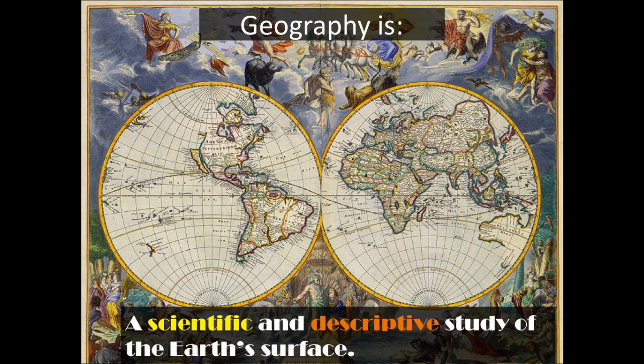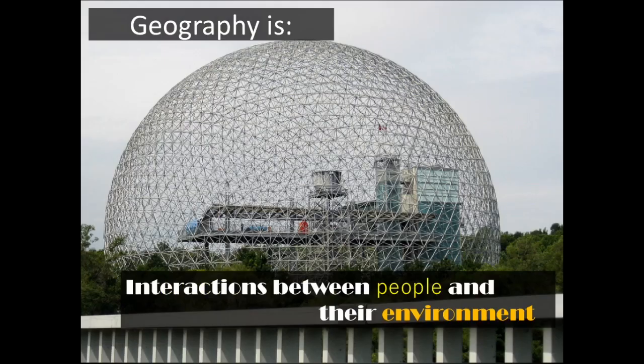So we do consider how the earth is made up and how things are put together in the natural world, but we also take a bigger consideration of what humans do to the earth that they have been given. So geography is also the interactions between people and their environment.